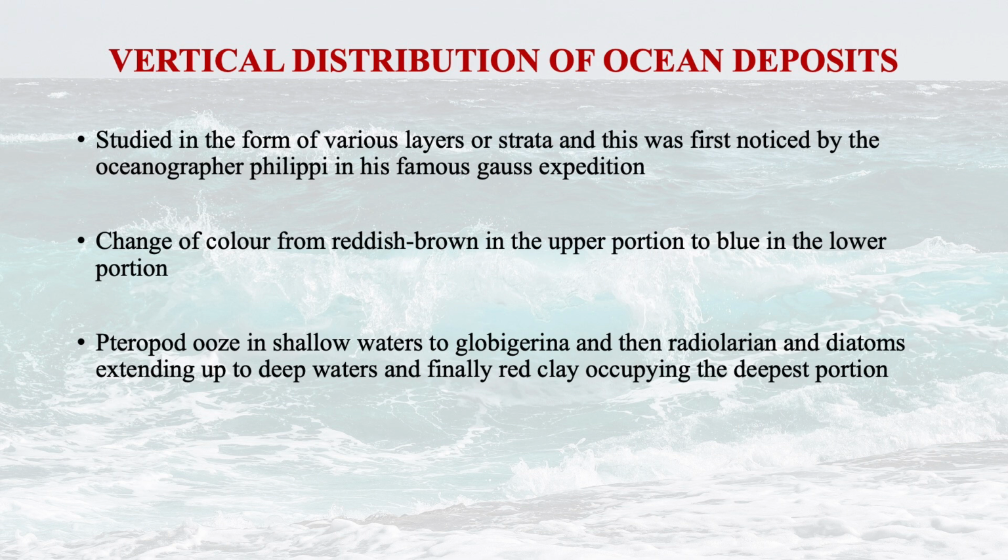And then radiolarian and diatoms are siliceous, so they are not easily dissolved, so they are found at greater depths in the oceans. And finally, red clay occupies the deepest portion. So the gradation is pteropod, Globigerina, then radiolarian, diatoms, and the red clay occupying the deepest portions.